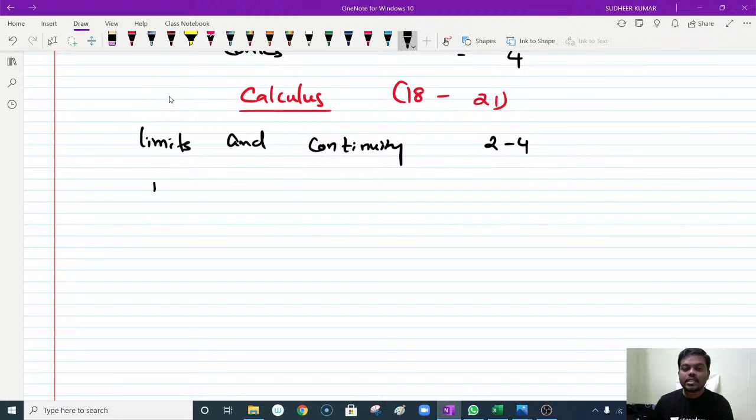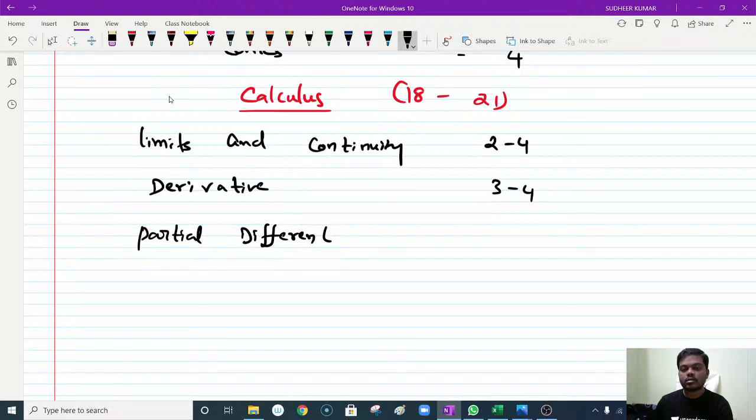The next one is derivative, 3 to 4 marks. Partial differentiation is 5 marks.